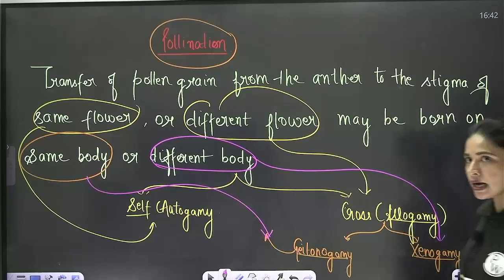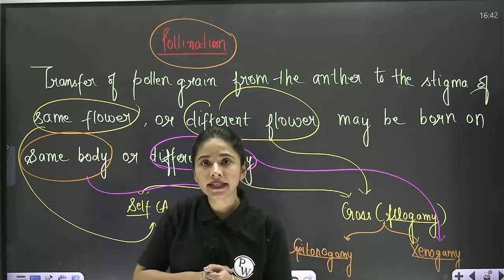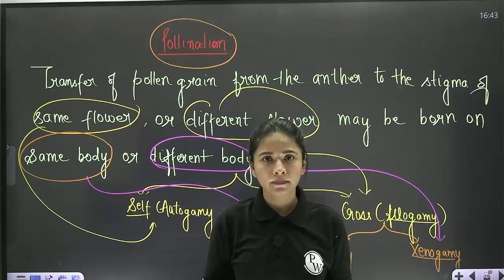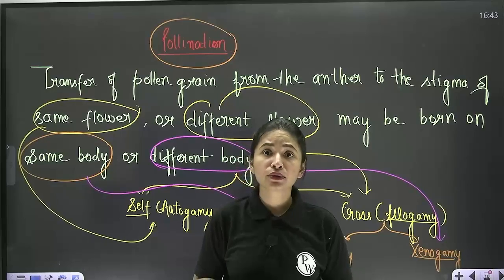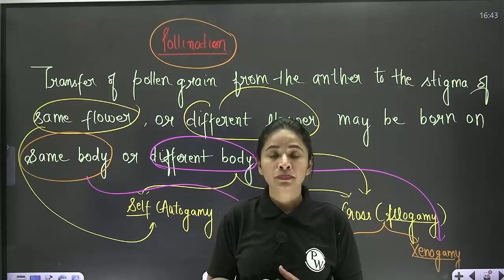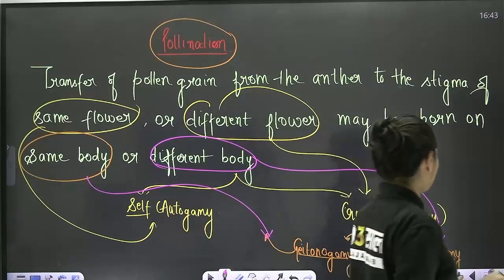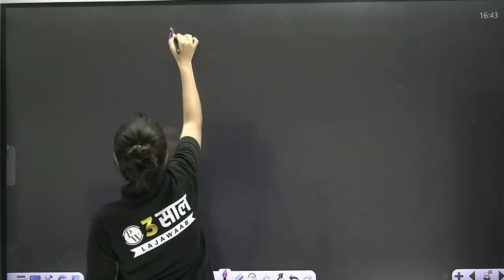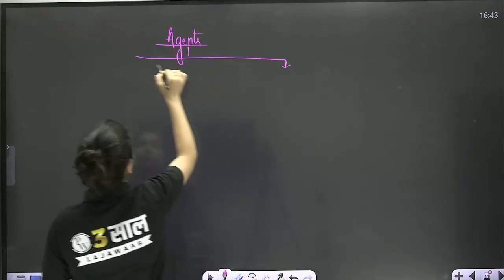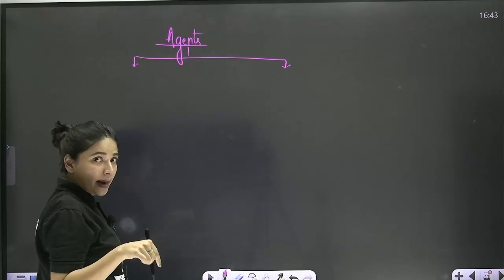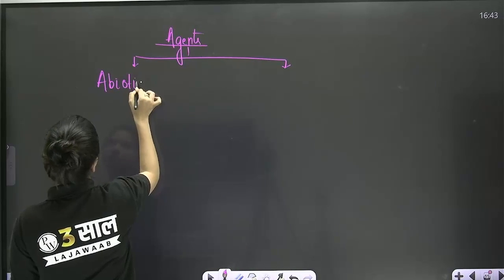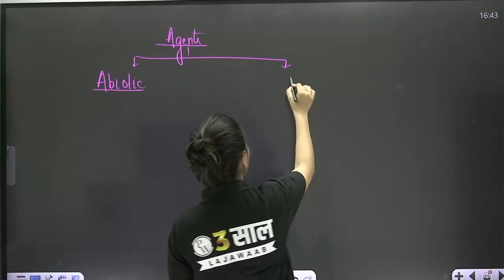Right? Clear? Now, okay. So once pollination is done, the question arises: okay ma'am, this is pollination, but what are the agents that are going to help in this process? So depending upon the agents involved for the transfer, we have two further categories. So now you are going to see agents of pollination, which can be of two types, either abiotic or biotic agents.